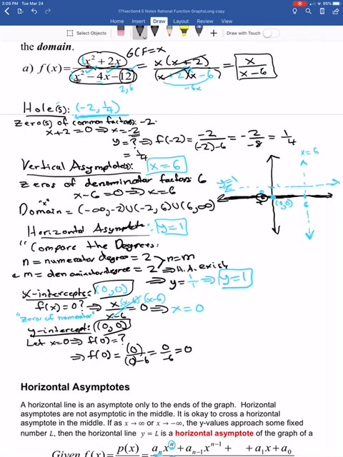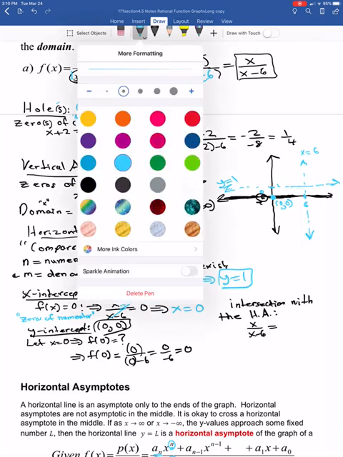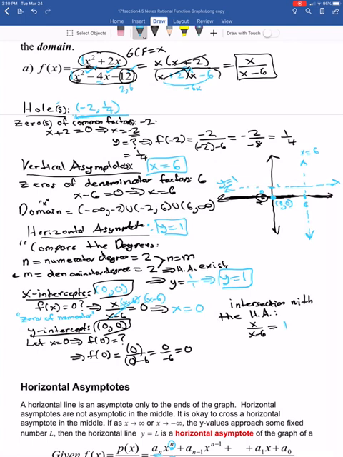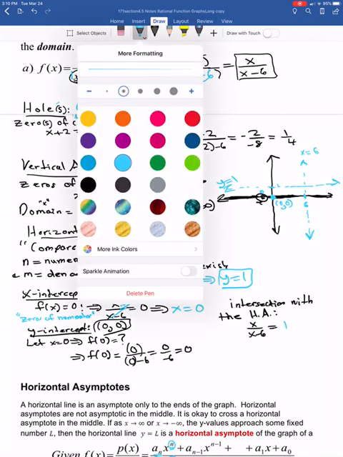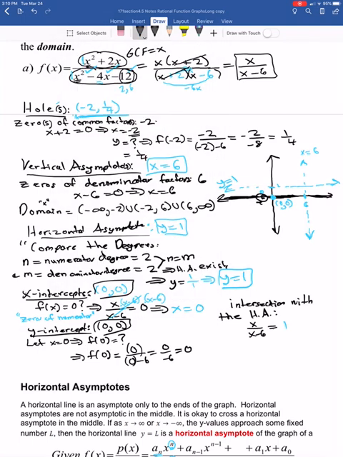To find any intersection with the horizontal asymptote, because the horizontal asymptote is not an undefined value, we'll set our function x over x minus 6 equal to the horizontal asymptote, which is y equal 1. So when will it equal 1 is our question. Let's find out when it equals 1.